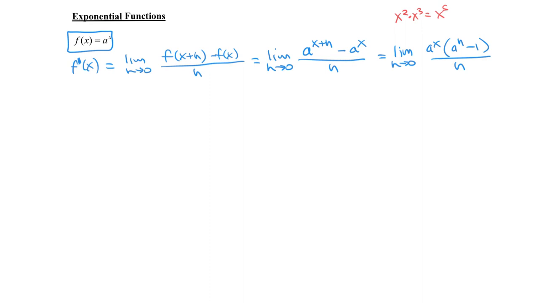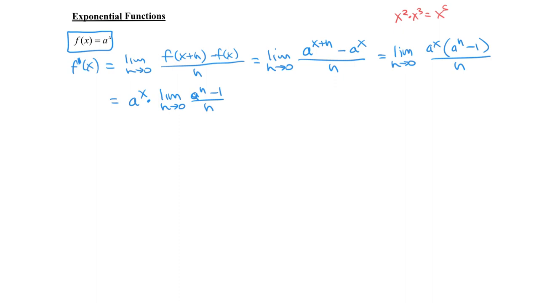And then we can actually move this a to the x out front because it has nothing to do with the limit as h approaches 0. So this can come out front. So that would give us f prime of x equals a to the x times the limit as h approaches 0 of a to the h minus 1 all over h.